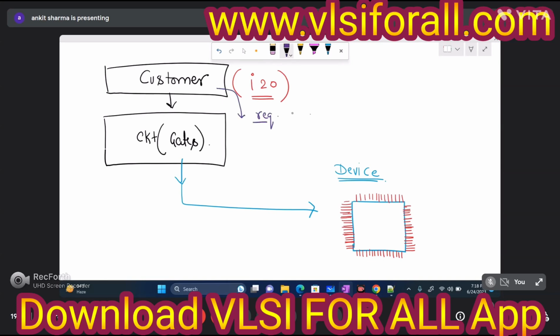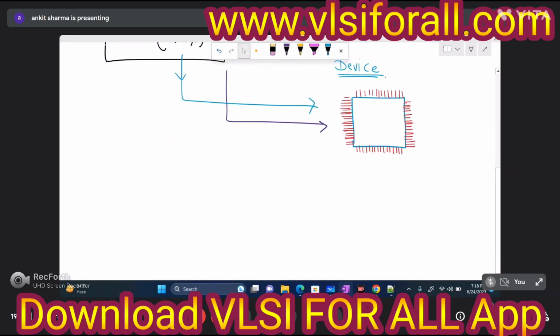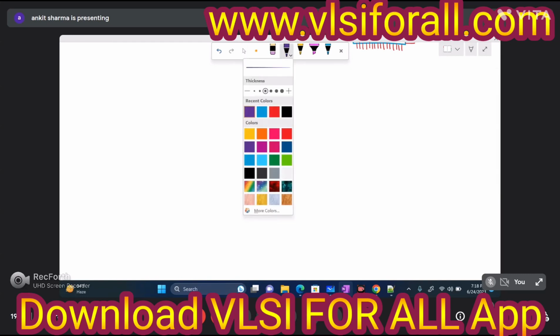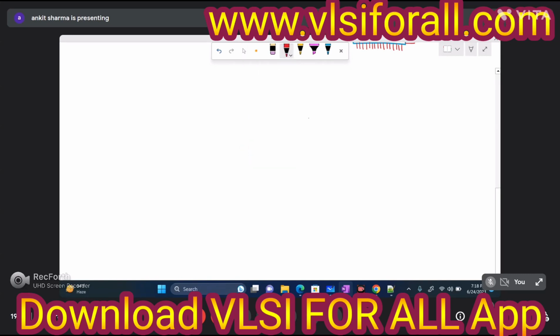You just listen to the customer requirement, and after listening to the customer requirement, you make a circuit. You make a circuit and send it to the customer in the form of a device. So what happened in this?